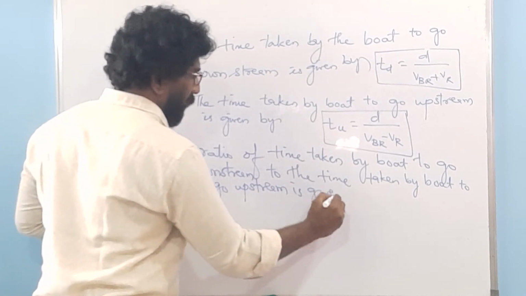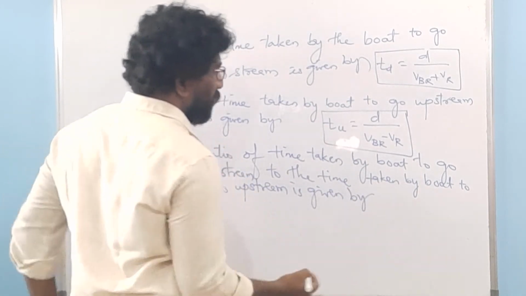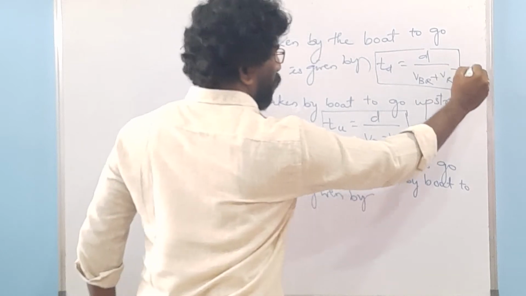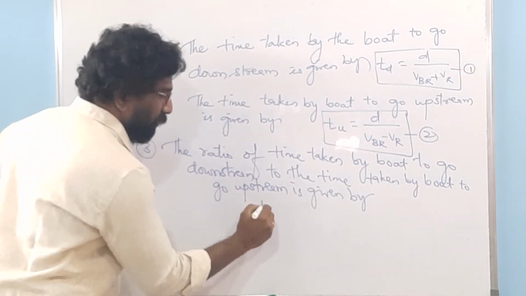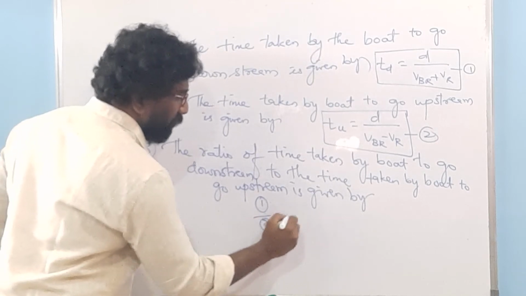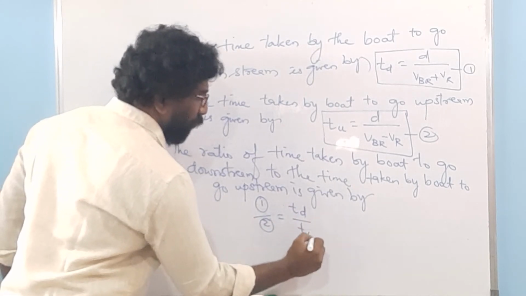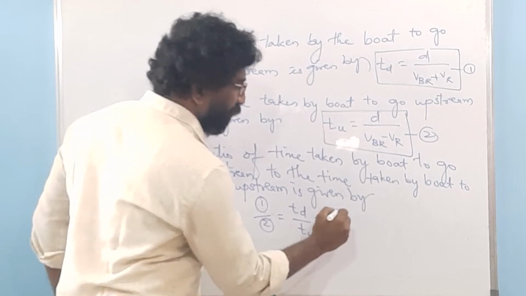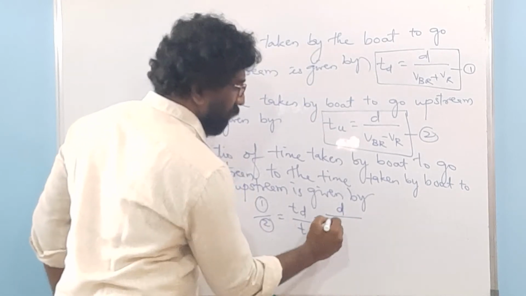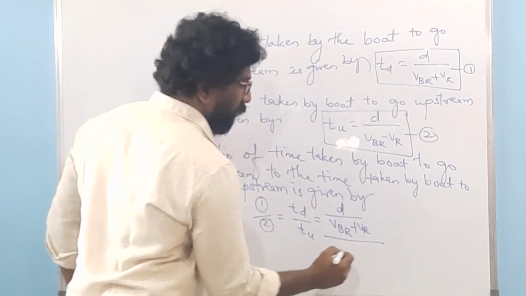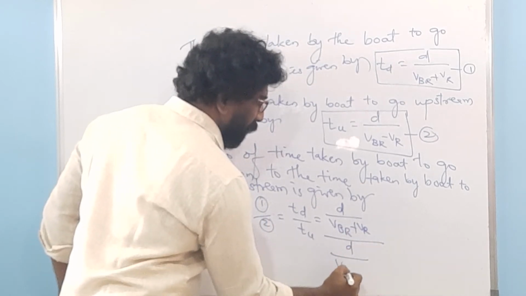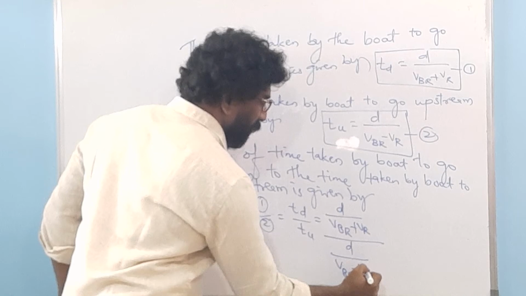Let me consider it as 1 and 2, so it will be 1 over 2. If I do the division of these two equations, you will get TD over TU, that is equal to D over VBR plus VR over D over VBR minus VR.